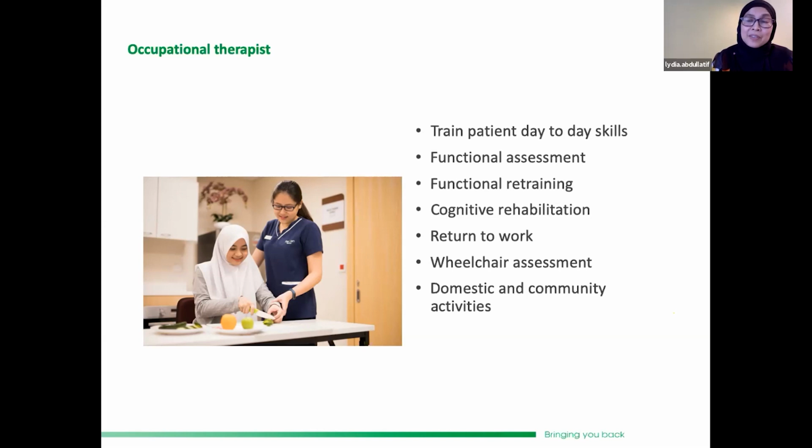We do get a fair bit of MND patients who are still in the productive age group where they need to return to work. So the OTs do a detailed assessment of their return to work program, ergonomics. They are also involved in wheelchair assessment, and they do the planning for any domestic and community activities.